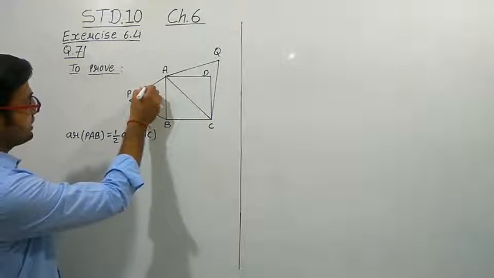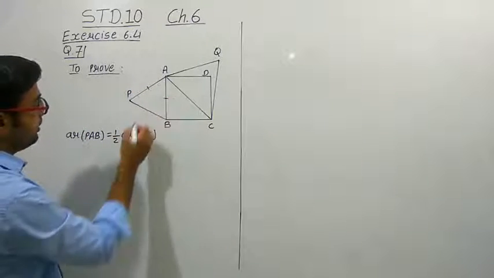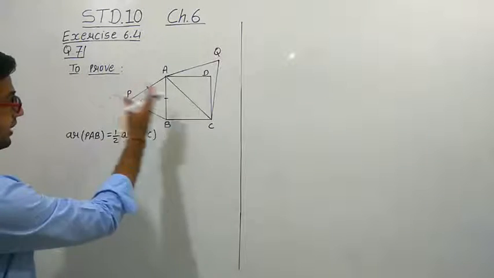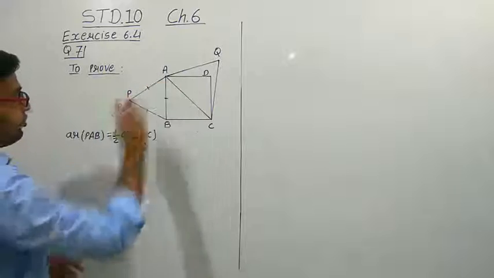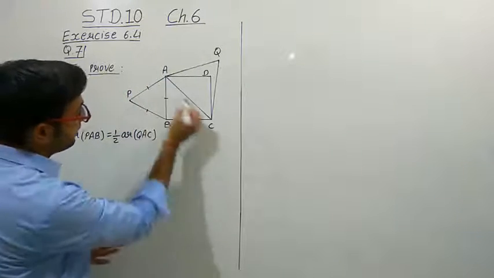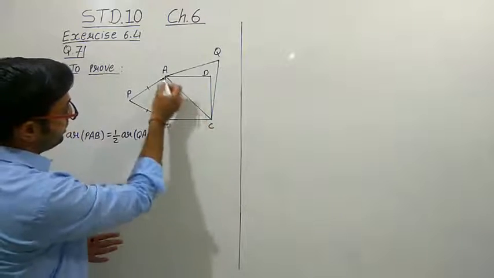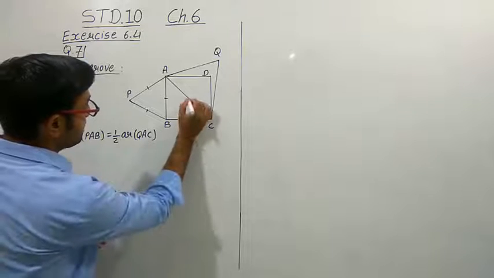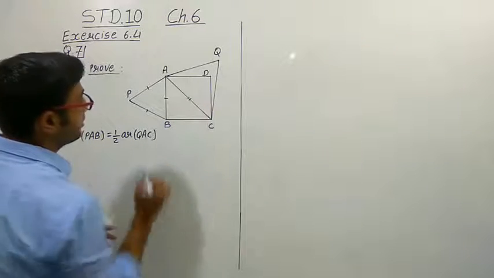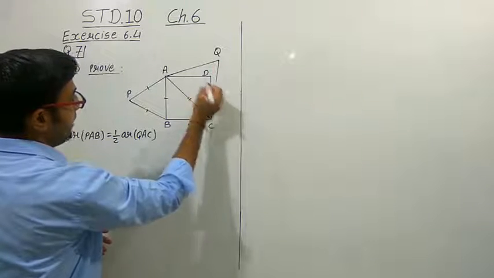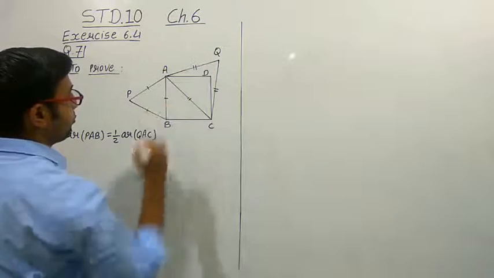So we can say that side PA is equal to AB and equal to PB, right? So one triangle we have described on one side of the square. Another triangle we have to describe by taking the diagonal of the square. So here we have considered AC as a diagonal. So this AC will become one side of the equilateral triangle. Another side will be QC and the third side will be AQ.